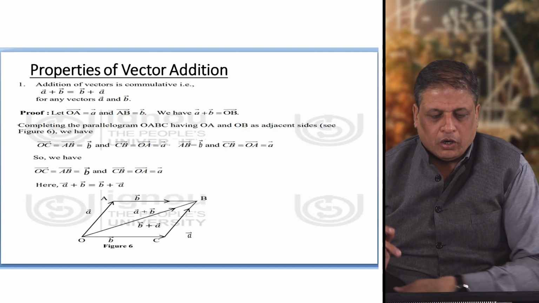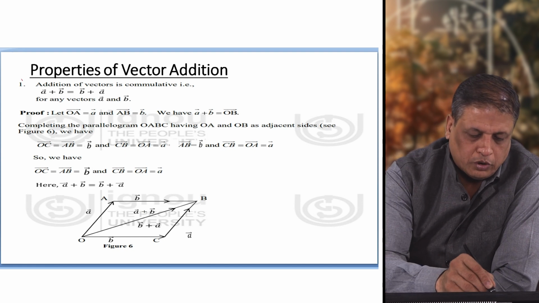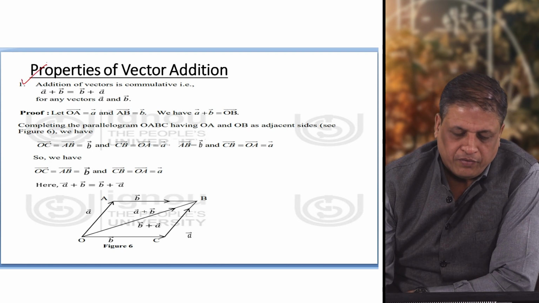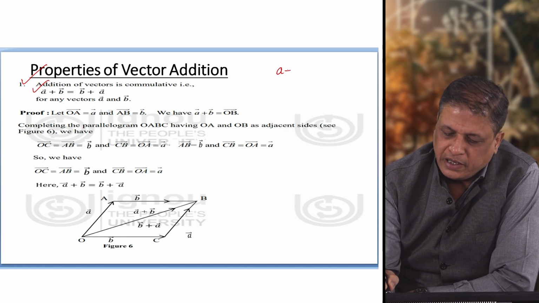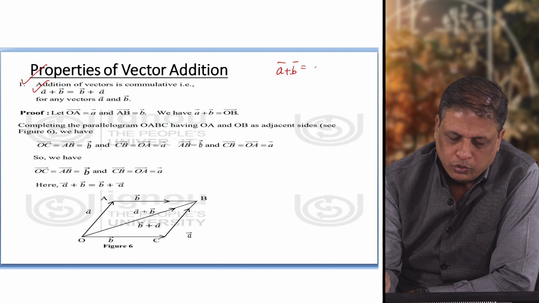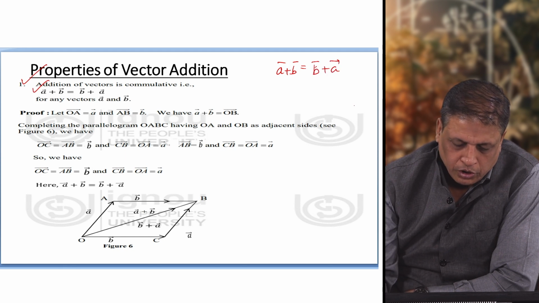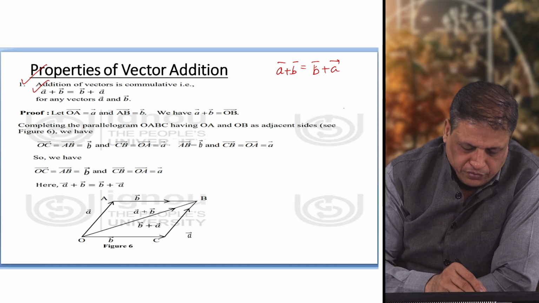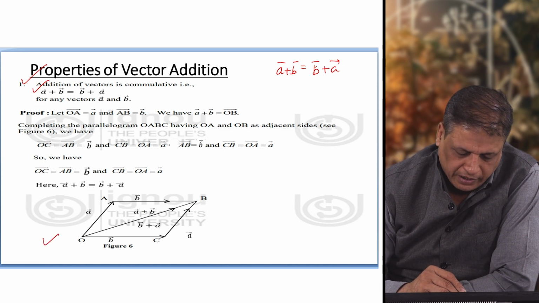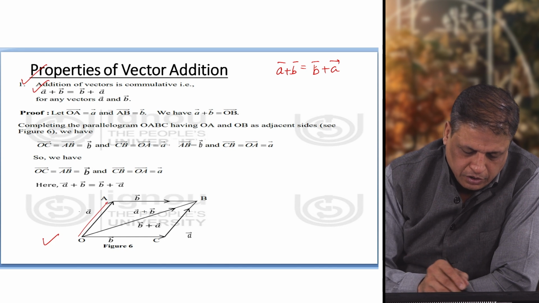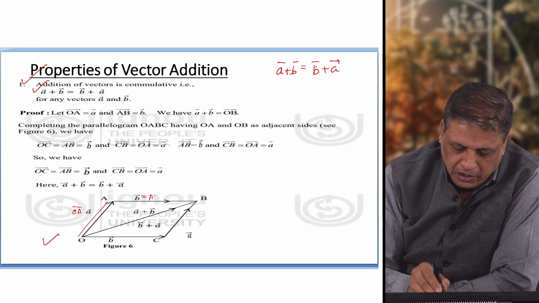So, these are the two laws, and now we are going to extend our discussion to the properties of vector addition. The first property is that vector addition is commutative, that is, vector A plus vector B is equal to vector B plus vector A. By looking at this figure, by applying the triangle law of addition of vectors, vector A is vector OA and vector B is vector AB.